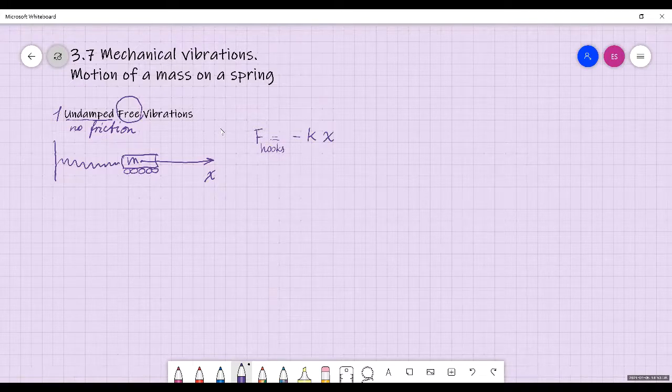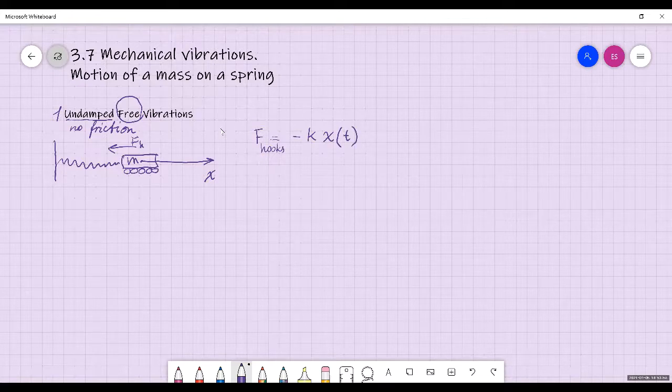Well, minus shows that the force is going to oppose the displacement of the spring. So if you shift it to the right, for example, the force will try to pull it back to the left. So we have Hooke's force and x. I'm going to put over here in parentheses t, it's the position of the mass.